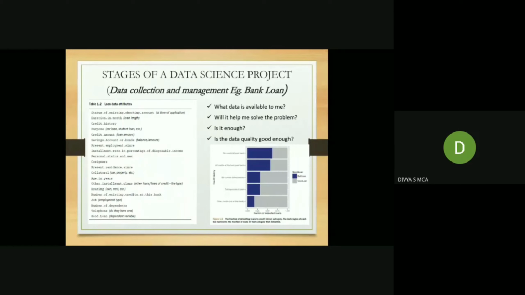Based on that, they have to do the data collection process. The data collection may be one-to-one interaction, or they can have a questionnaire to get the answers, or they can also interact with the end user. Like that, they have many ways to collect the data.